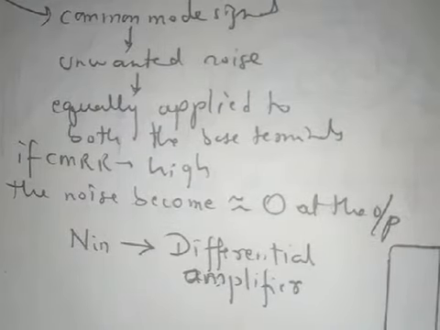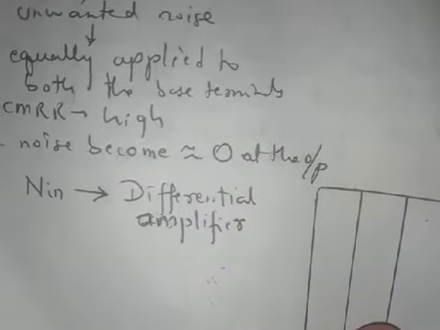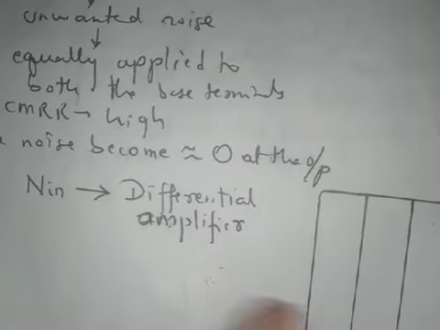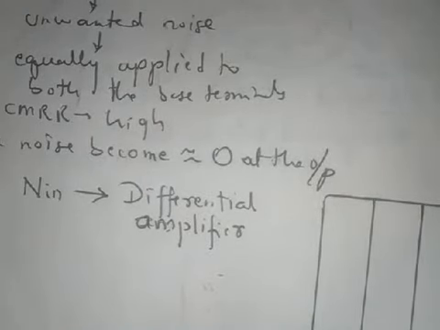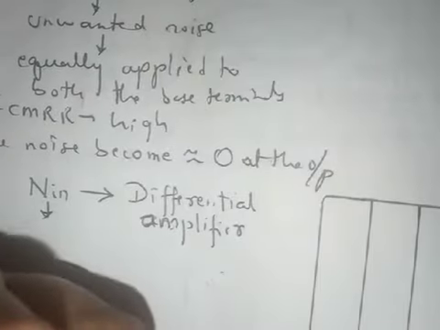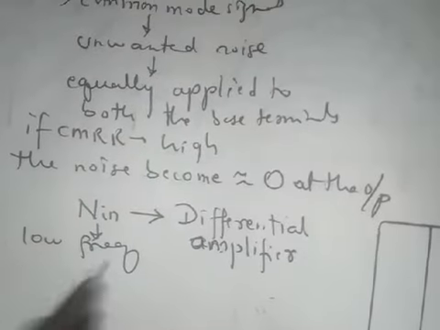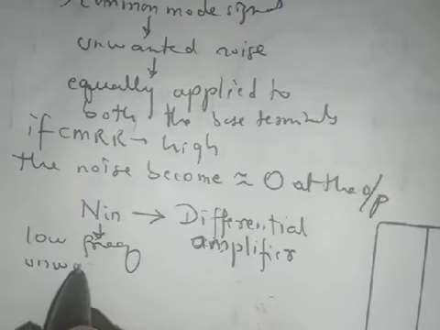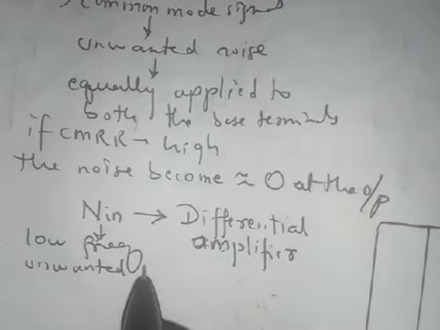You can say the humming noise, or the external pickup, which has a very low frequency, less than 50 hertz or around 60 hertz or less than that, not more than that. So this is always a low frequency, unwanted, undesired signal.